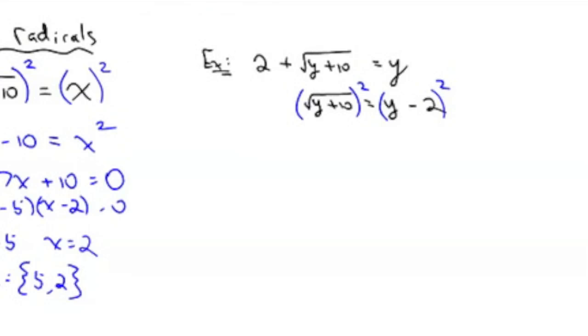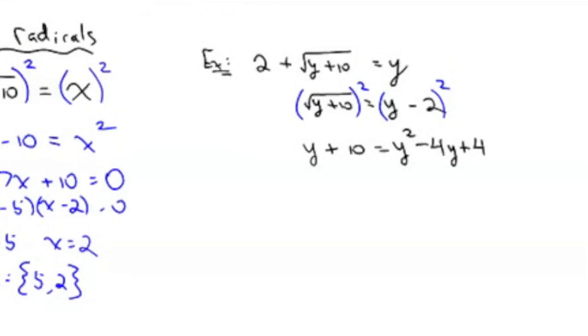All right, so if we square both sides, the left-hand side becomes y plus 10, and the right side equals y squared minus 4y plus 4, because it would be negative 2 times negative 2.